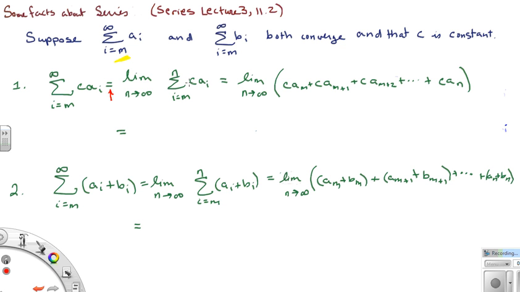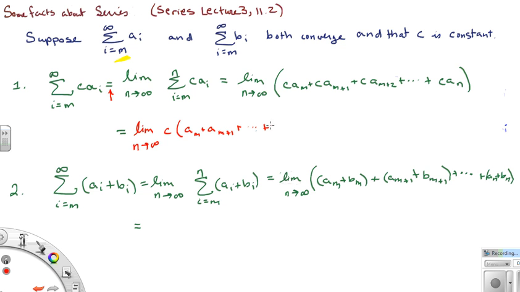And how do we rewrite the limit of the partial sums? Well, partial sums are just this. I just expanded it. And what's common to each of those terms? Yeah, you're right, there's a c. Because c's a constant, it doesn't change with i, I can factor c out. And I get the limit as n goes to infinity of c times the sum of those a's from a_m on up.